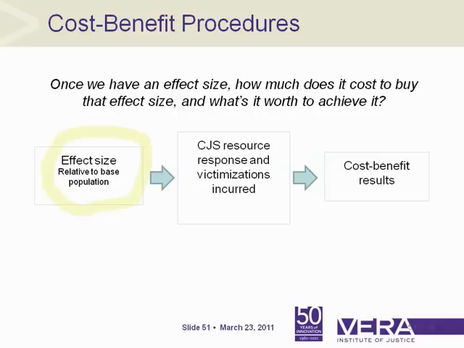So what we look at is, for that given population, for that juvenile probation population, how often do they commit crimes? And over a given recidivism period, if it's a 10-year period, what kinds of crimes do they commit? And there are price tags associated with those crimes. More serious crimes will have higher taxpayer dollars associated with them than less serious crimes.